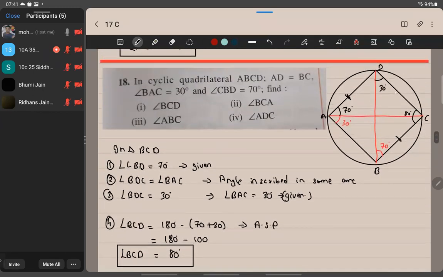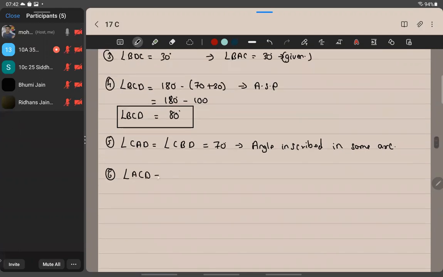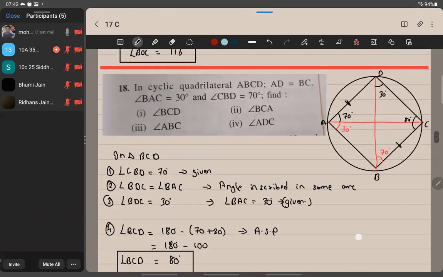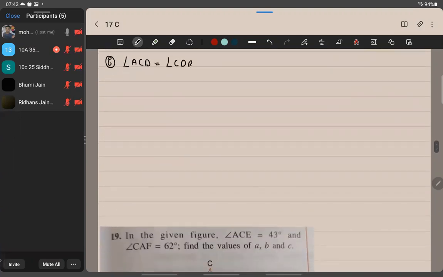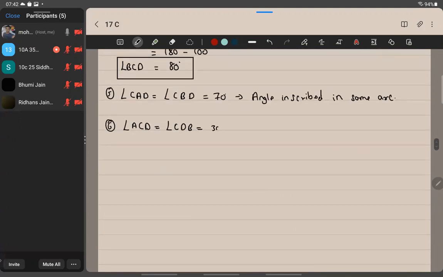If these two sides are equal, their subtended angles also will be equal. Now ACD will be equal to BDC angle. Why? Because angle ACD is equal to CDB, equal to 30 degree.